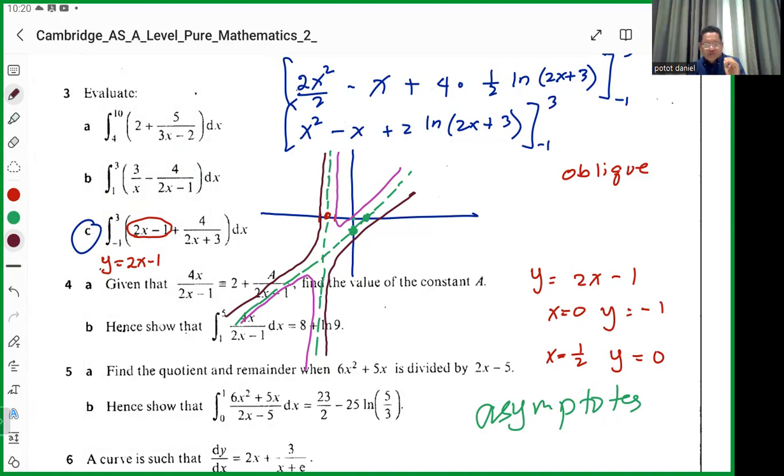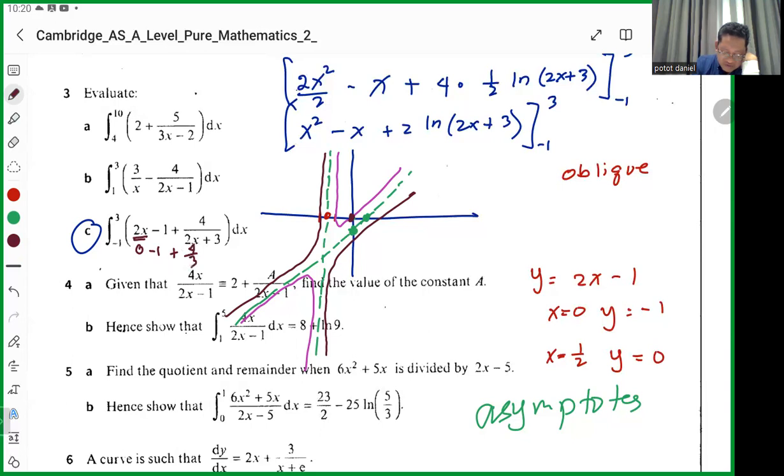So what you're going to do is you have the test value. So the test value is that if x is 0, you test with the y. You test with this one. Okay, you test with it. If x is 0, this is equal to 0 minus 1. If x is 0, that is equal to 4 over 3.